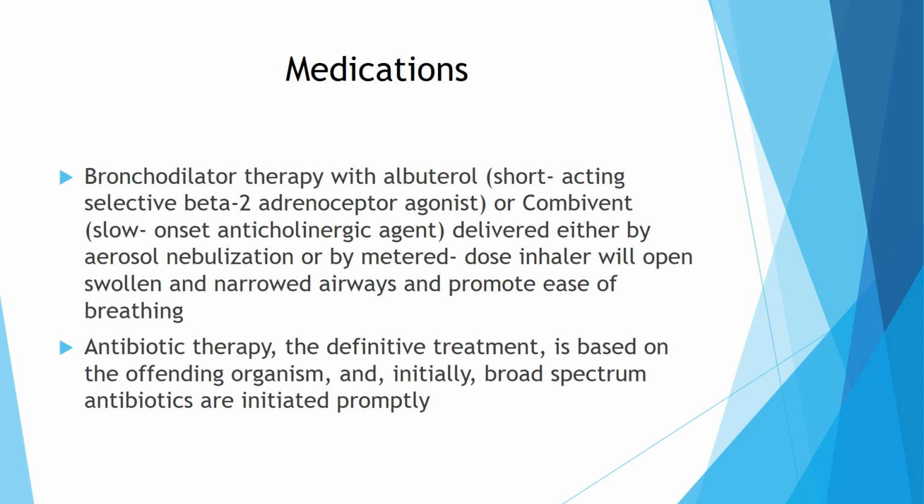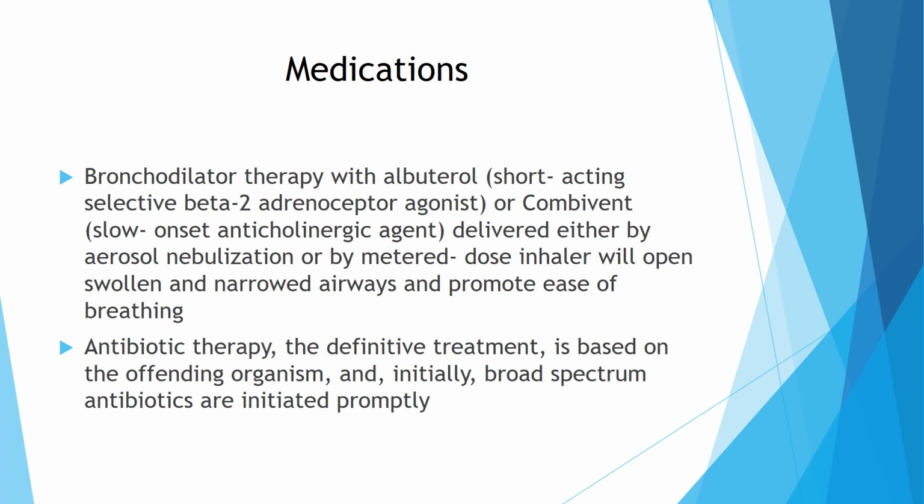Medications, again, we are back with the bronchodilators. Bronchodilator therapy with albuterol, which is a short-acting selective beta-2 agonist, or Combivent with a slow onset of anticholinergic agents, delivered either by aerosol nebulizer or by metered dose inhaler, will open up and promote ease of breathing.